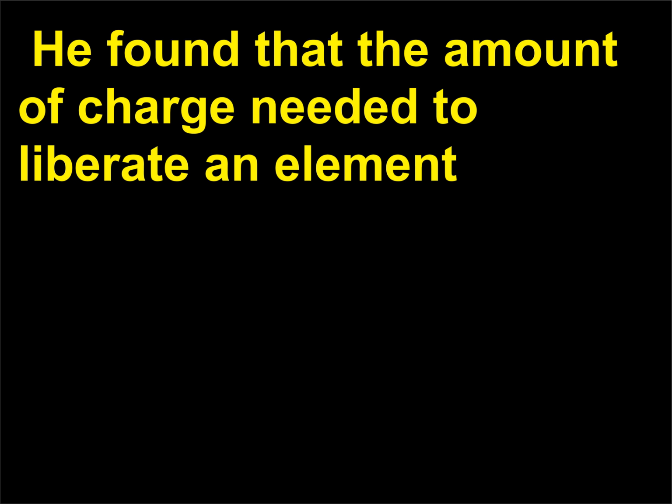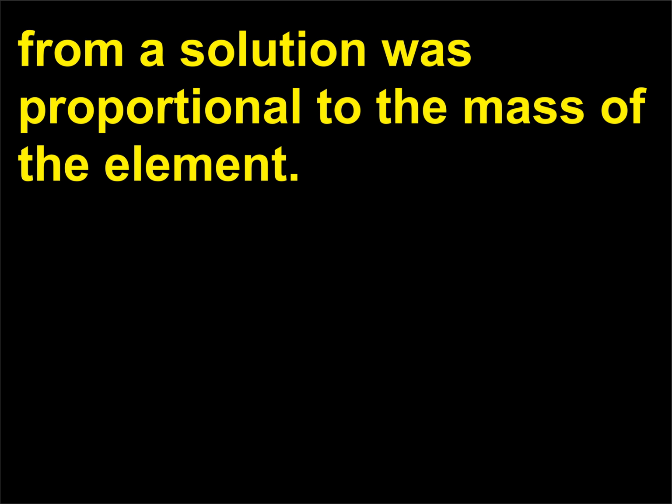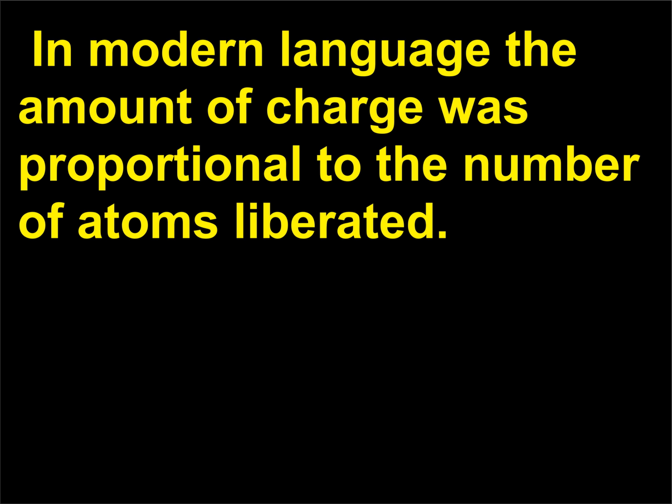He found that the amount of charge needed to liberate an element from a solution was proportional to the mass of the element. In modern language, the amount of charge was proportional to the number of atoms liberated.